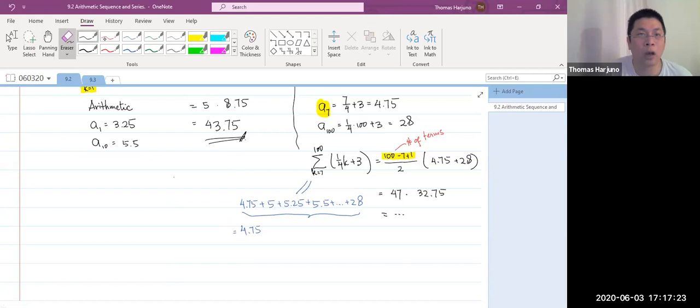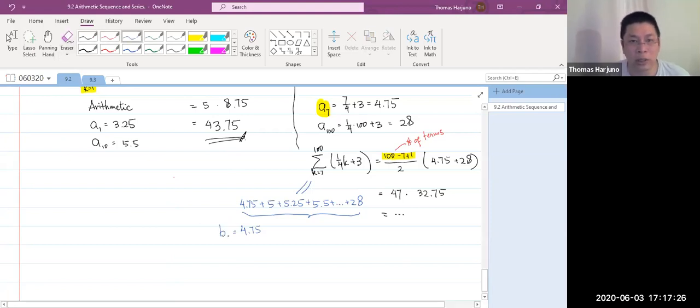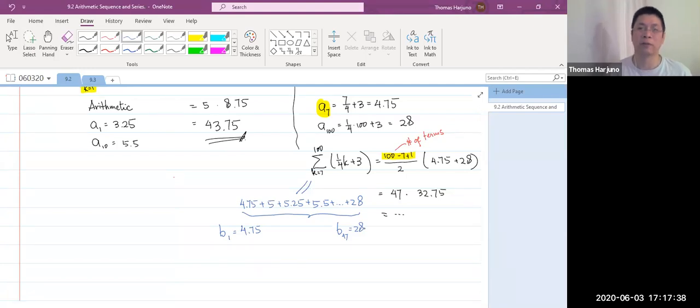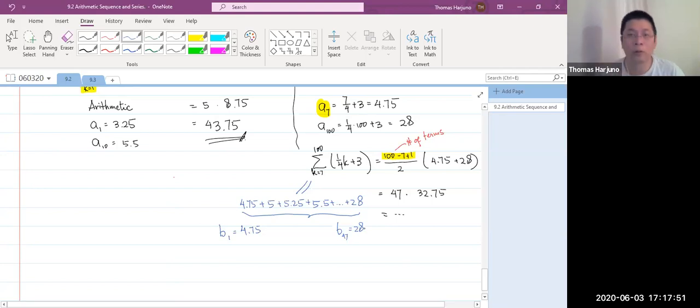So b1 now is this, and b47 is 28. Yeah, b47. No, that's not b47. B94, not 47. Yeah, 94 terms there.